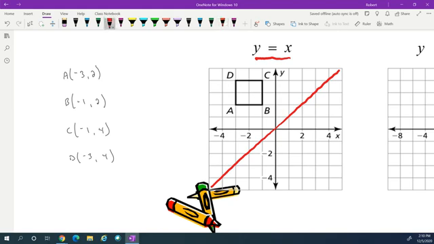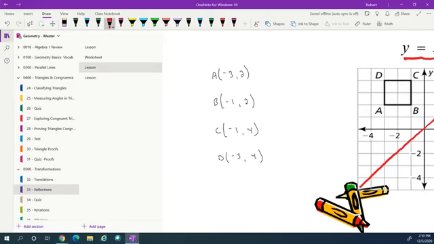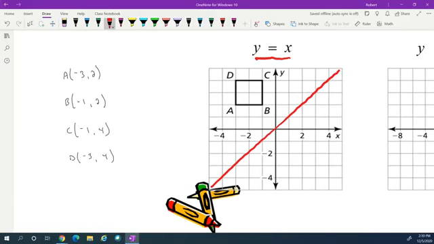Now what I'm going to do is go to my notes, and for y equals x, the rule says take your x and y and swap it for y, x.